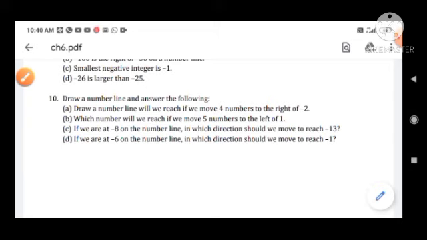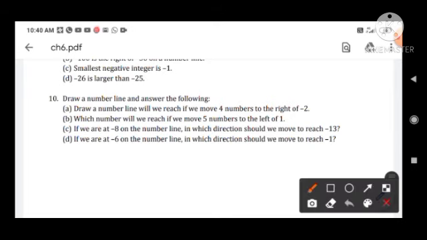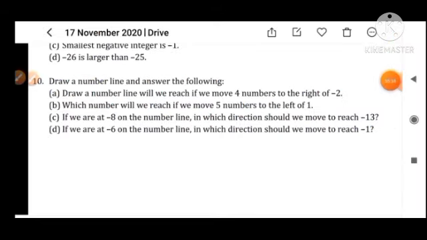Now question number 10. Draw the number line and answer the following. Now we have to draw the number line and answer the following. Which number will we reach if we move 4 numbers to the right of -2?